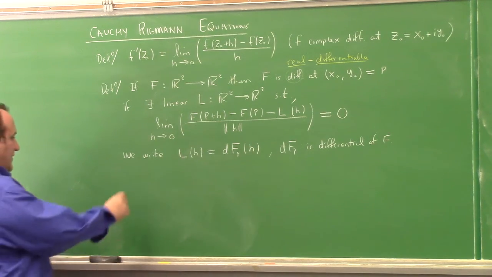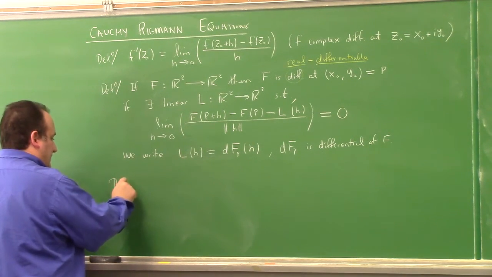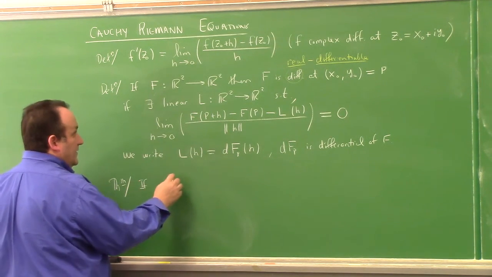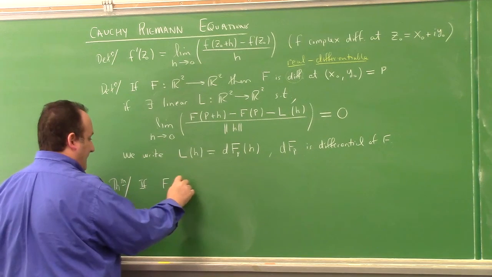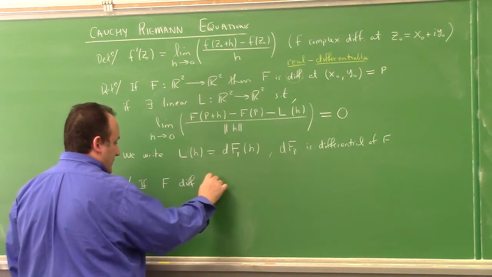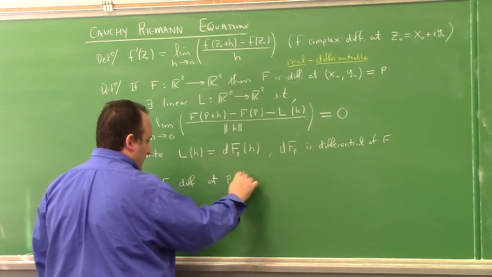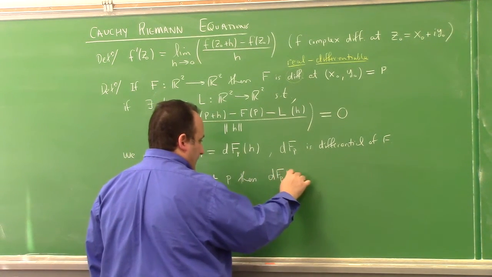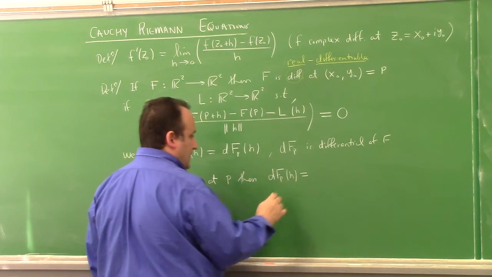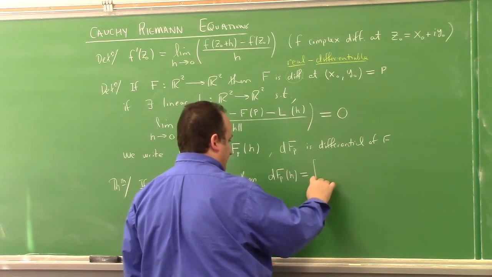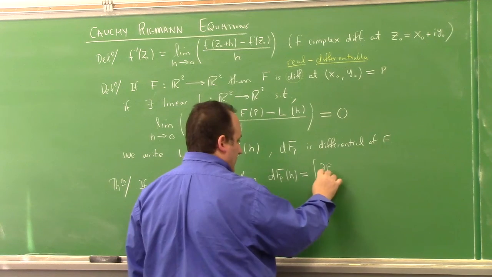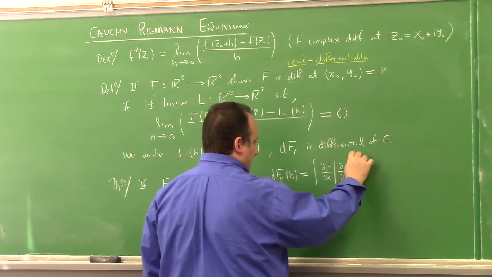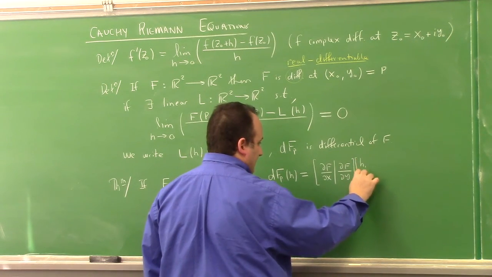And there are a couple of theorems that are easy to prove, which I won't prove. Theorem: if F is differentiable at P, then dF_P of H is equal to the following: the matrix of partial f partial x, partial f partial y, multiplied by h1, h2.